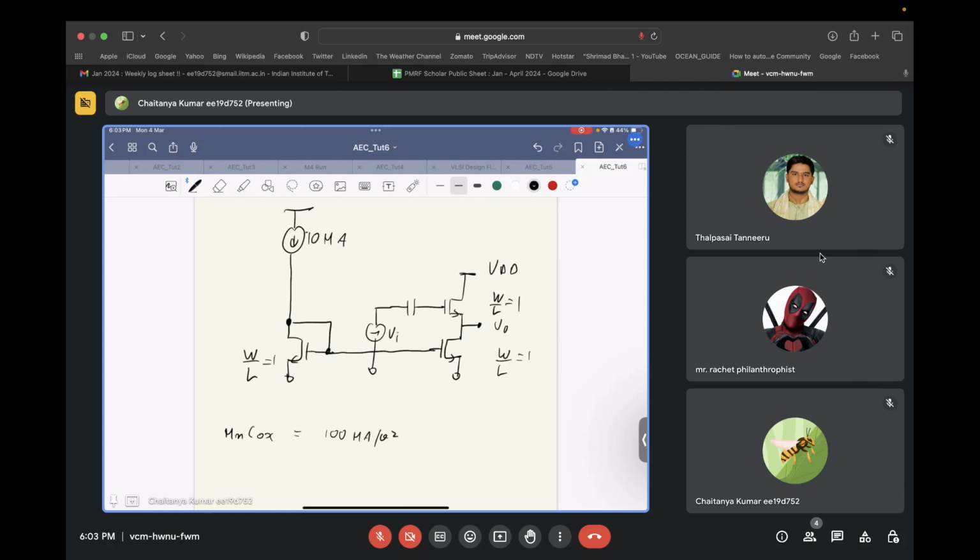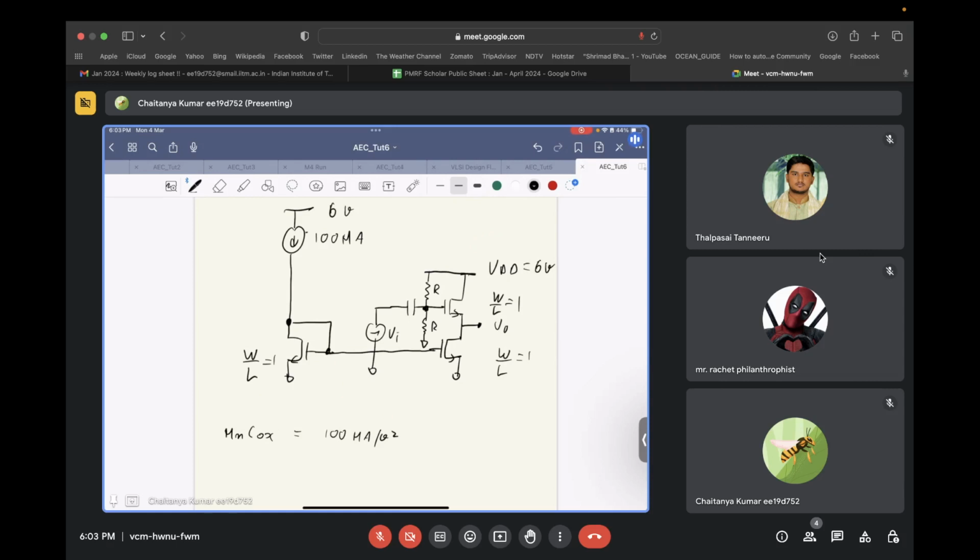Let's say this is 100 microamp, and this is biased with some voltage. This is R and VDD by 2. VDD is, let's say, 6 volts.